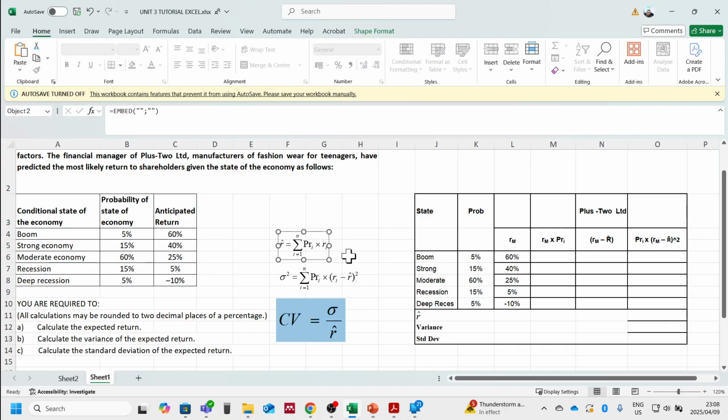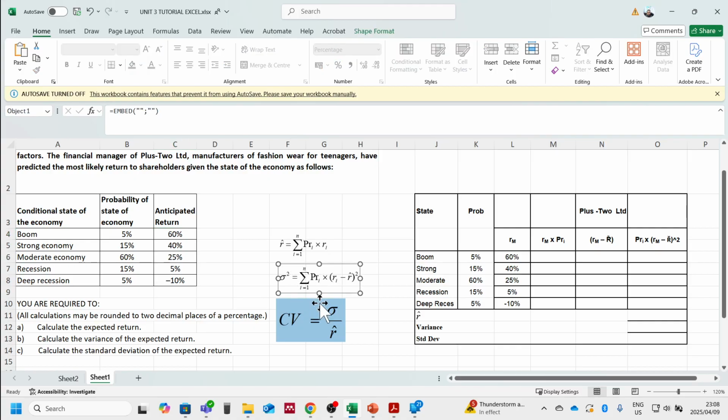The first formula is to calculate the expected return, which is the sum of the probability multiplied by the anticipated return of that individual outcome. So here we're talking about the probability for the boom, which is the state of the economy, multiplied by the anticipated return, where i starts from 1 to 4, going upwards.